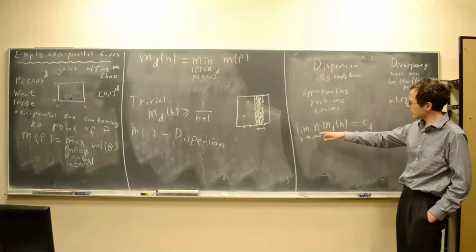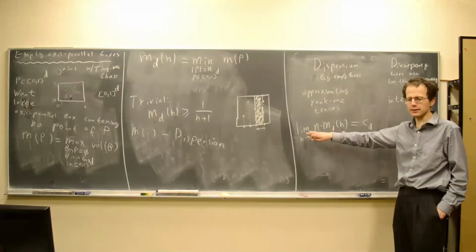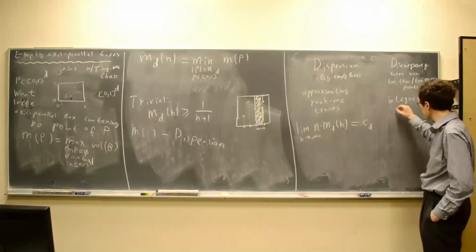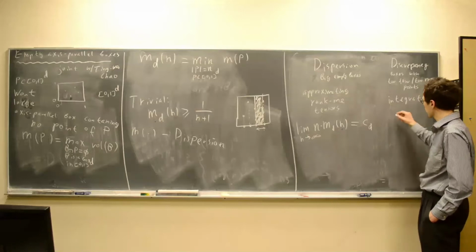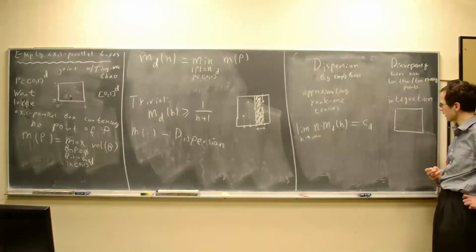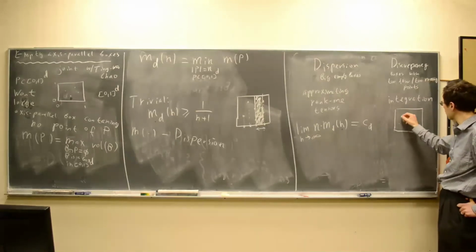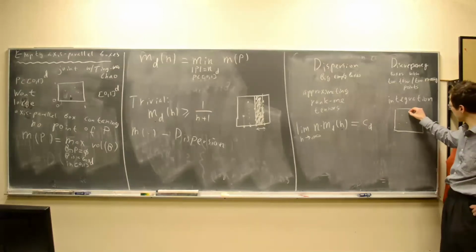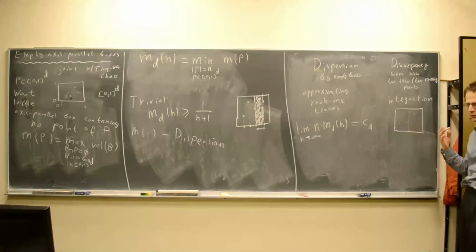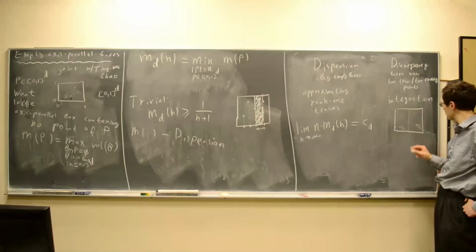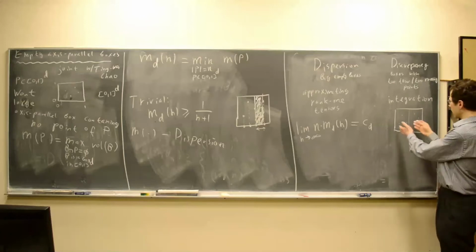It's easy to see that the limit exists. Let me sketch an idea of the argument so that people at least believe this. You have your unit box and you have your point set. Then you cut it in half, with n over 2 points on each side.